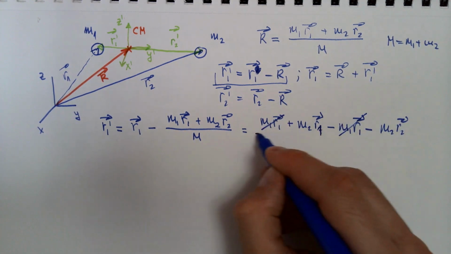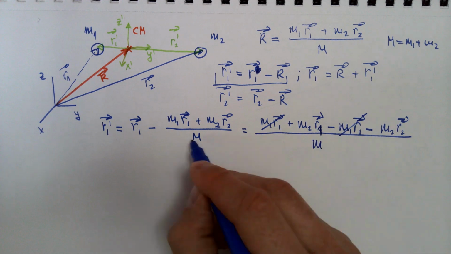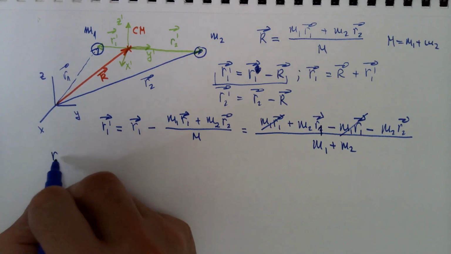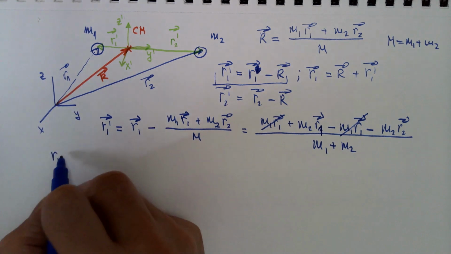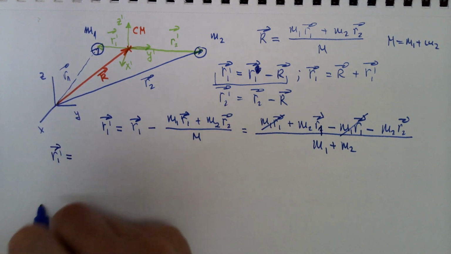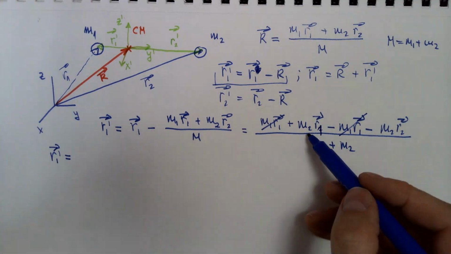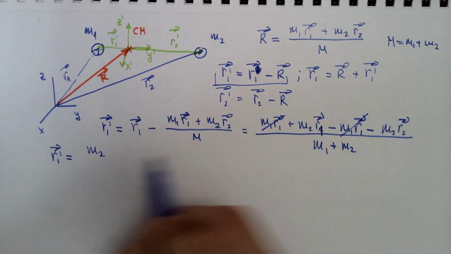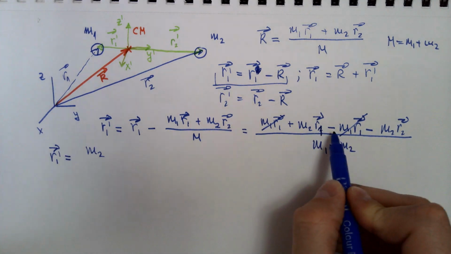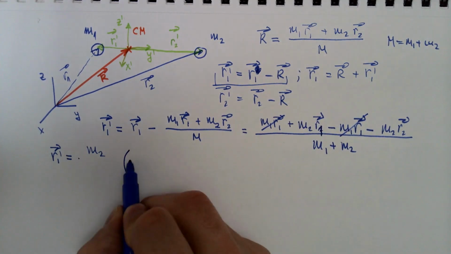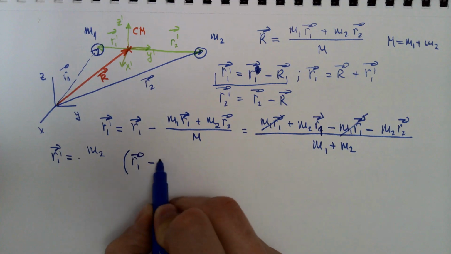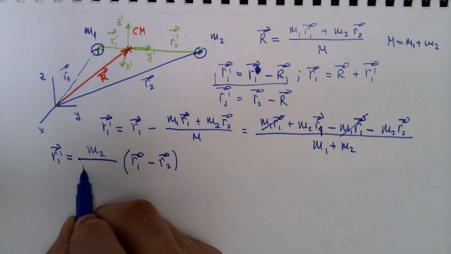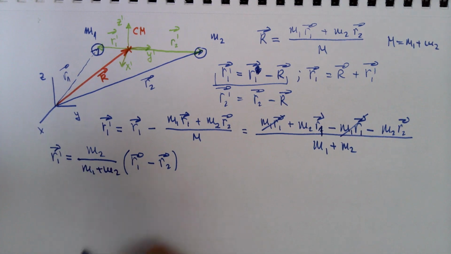Notice that this and this will cancel and everything is divided by m1 plus m2. Or r1 prime is equal to, m2 can be taken in front, and I will have r1 minus r2, and everything divided by m1 plus m2.